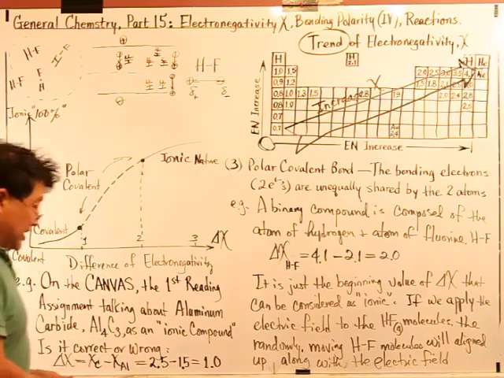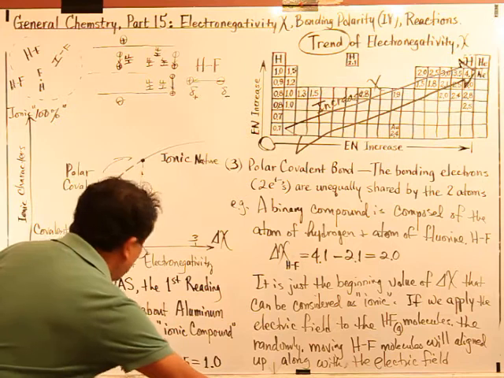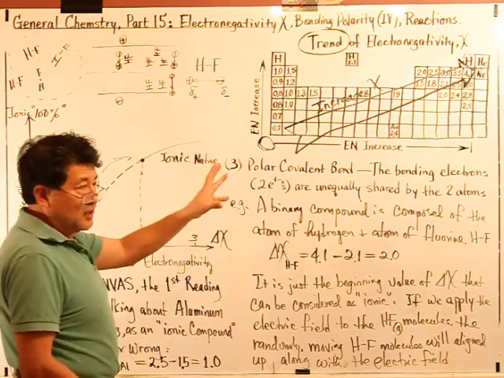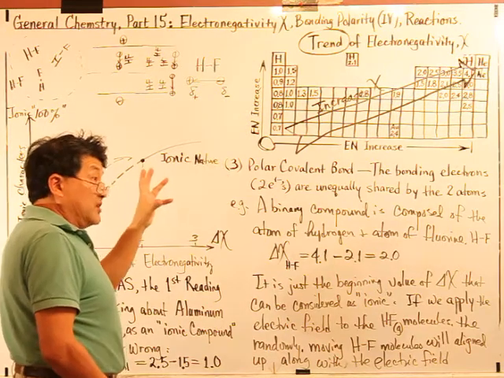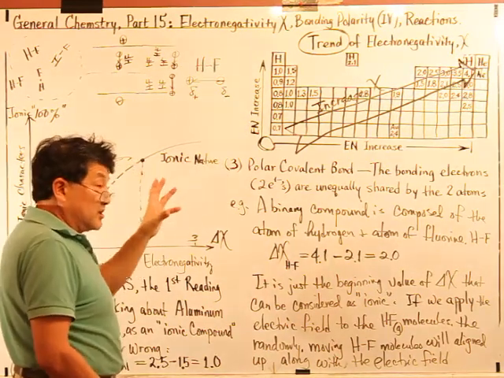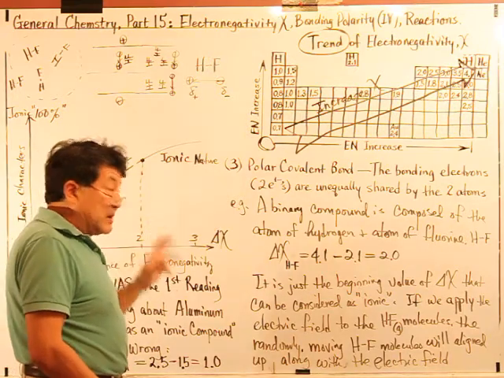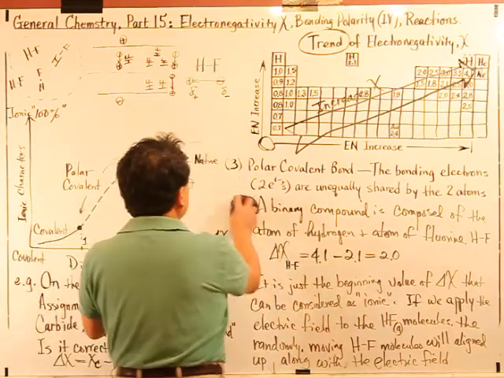Now, if we understand this, then the last part we're going to talk about is the trend of electronegativity, or the periodicity of electronegativity for elements on the periodic table.